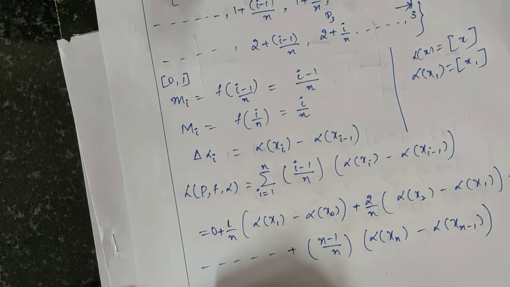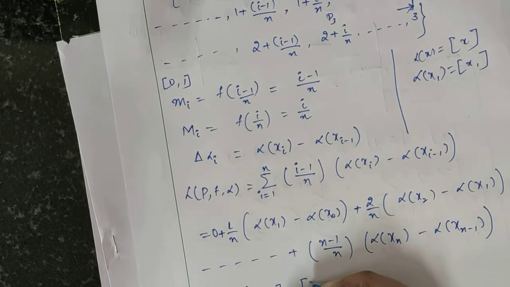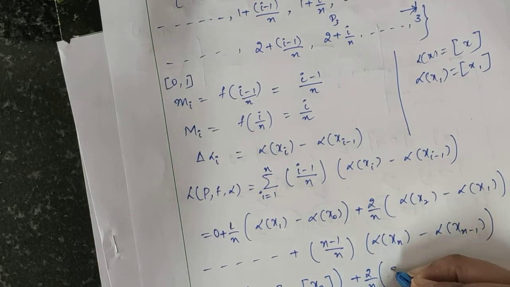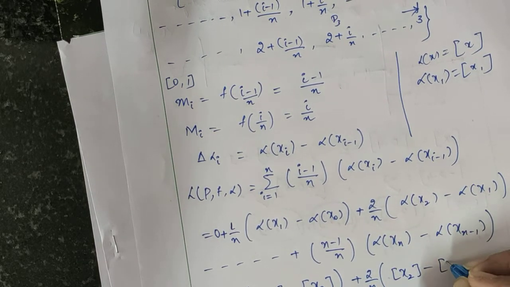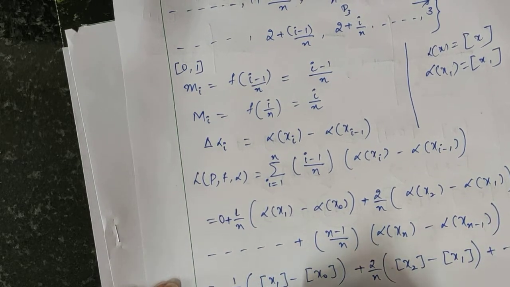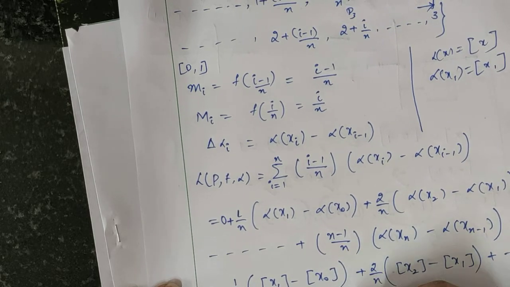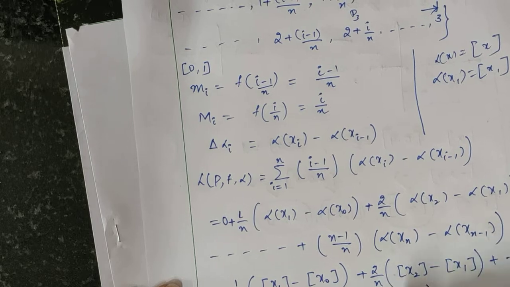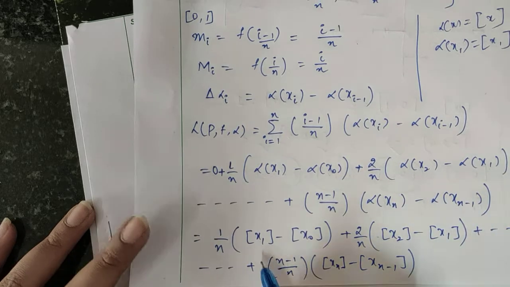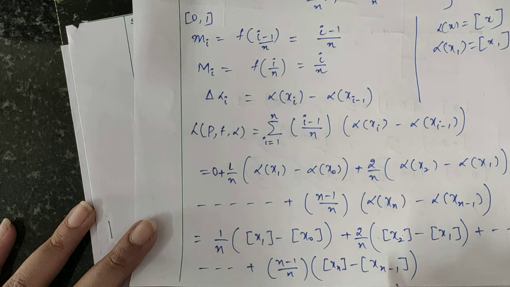So now this is nothing but 1 by n into x1 minus x0 plus 2 by n into x2 minus x1 plus so on up to n minus 1 by n into xn minus xn minus 1. This is what you will get. So now we have to substitute the values for x1, x0, x2, xn and xn minus 1.